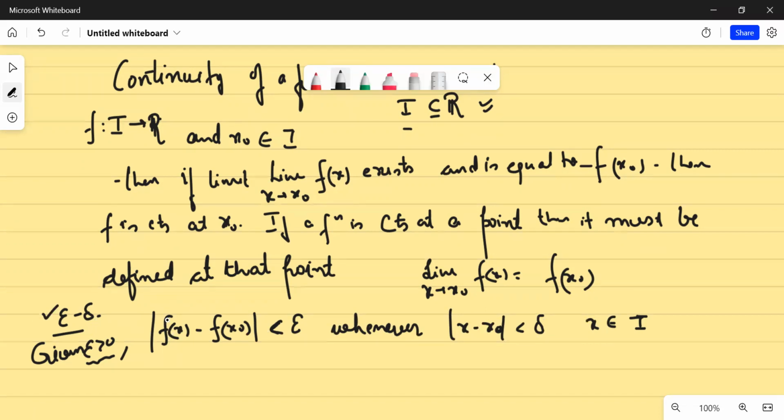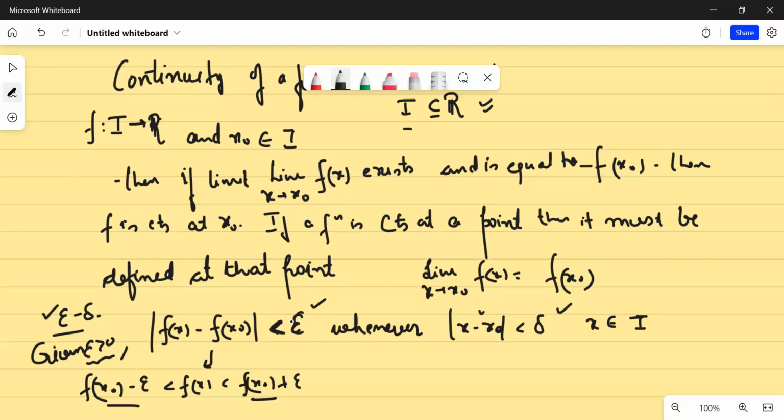It means that the distance between the function and f of x naught can be made as small as possible. Do you understand the inequality? This inequality means your function lies between f of x naught minus epsilon and f of x naught plus epsilon. So your function is in close neighborhood of f of x naught whenever x is in close neighborhood of x naught. You give me an epsilon, I will give you a delta.